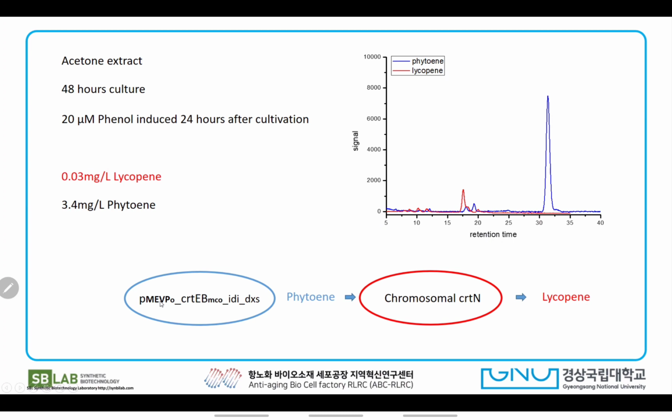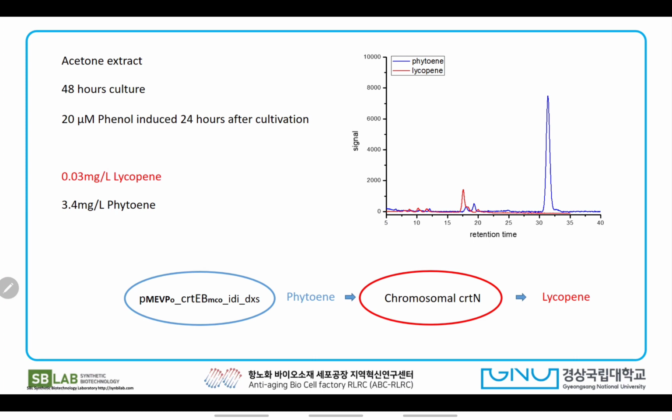Because in PMEV PO, we have introduced CRTE and B along with IDI and DXS. So it is meant for producing phytoene, but the amount of lycopene that we are getting is from the activity of the native CRTN. In this organism, although we have blocked the C30 carotenoid production pathway, the phytoene desaturase, that is CRTN, is still active.